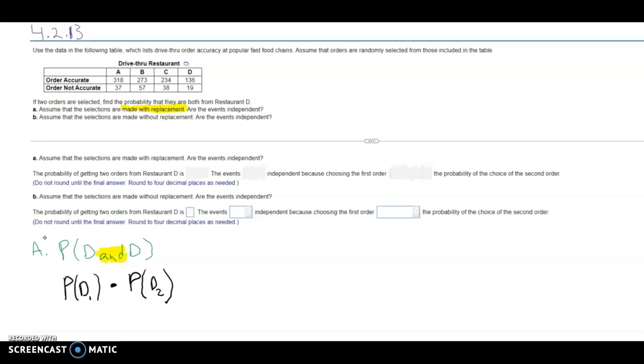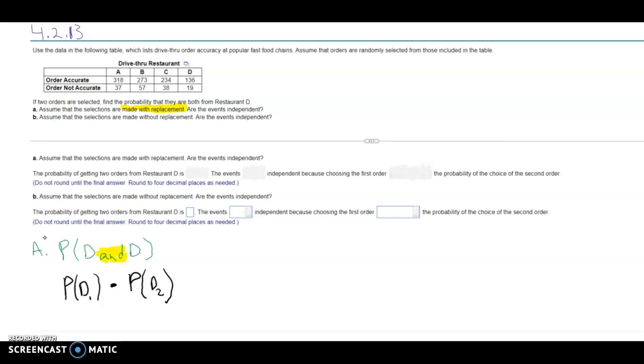That means if I were to put all of these restaurant orders in a bag and shake up the bag and then select an order out of the bag, I would put that order back before selecting a new one.